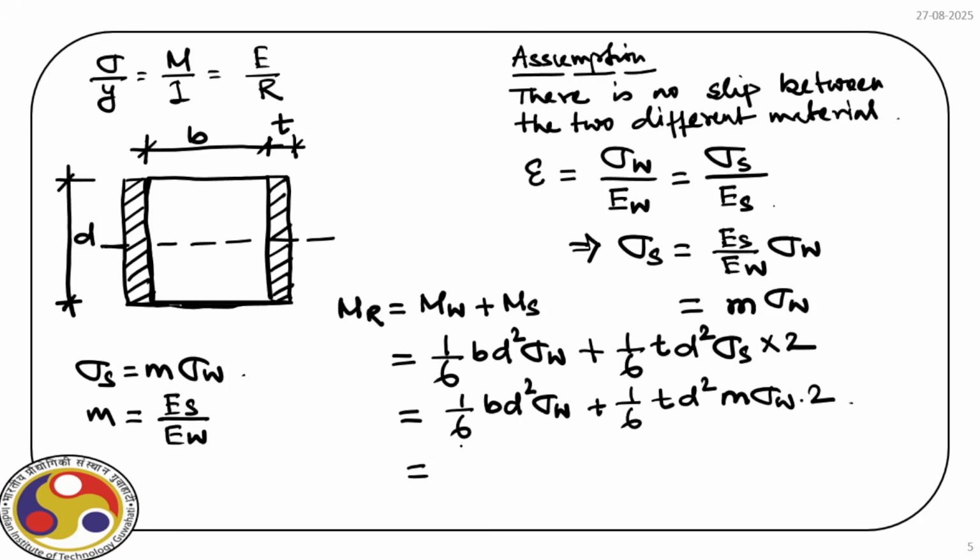Then if we simplify, we have 1 by 6 D square sigma W as the common factor, then within the bracket we have B plus twice m times T.